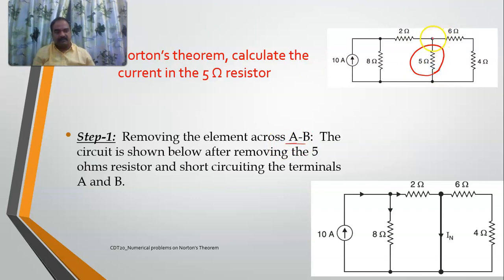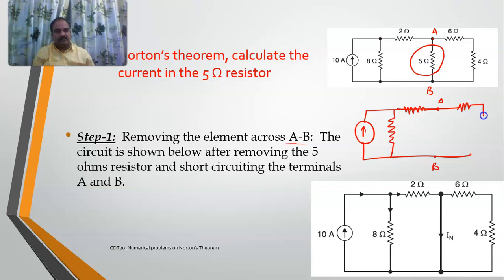So, I will mark these terminals as A and B. So, my new circuit is this is A, this is B, and this is 6 ohms, and this is 4 ohms. Okay, so these are the terminals A and B. Now you need to determine the Norton's equivalent between the terminals A and B.